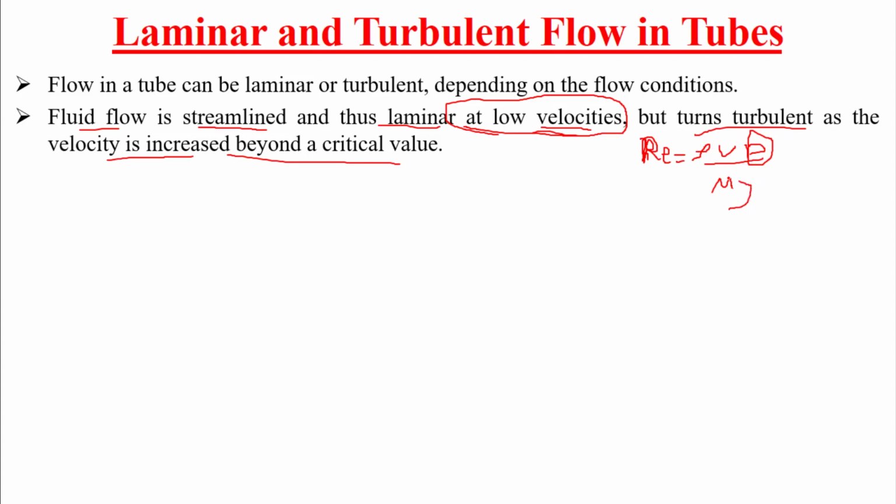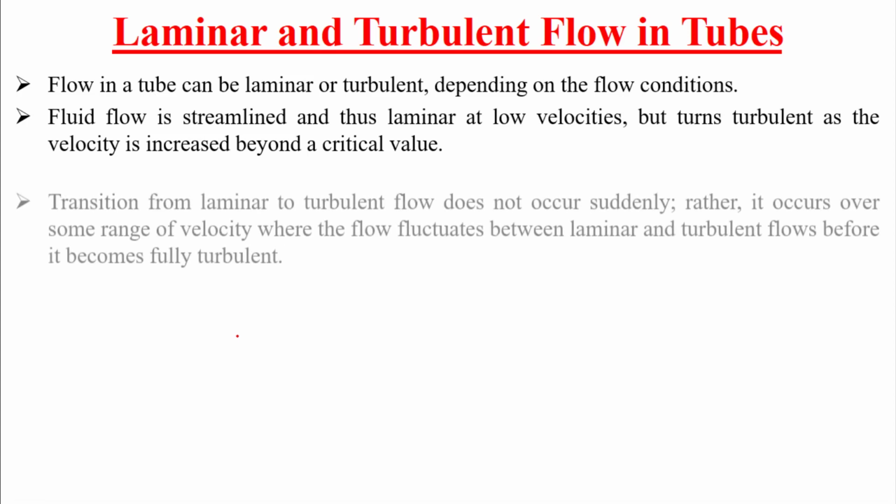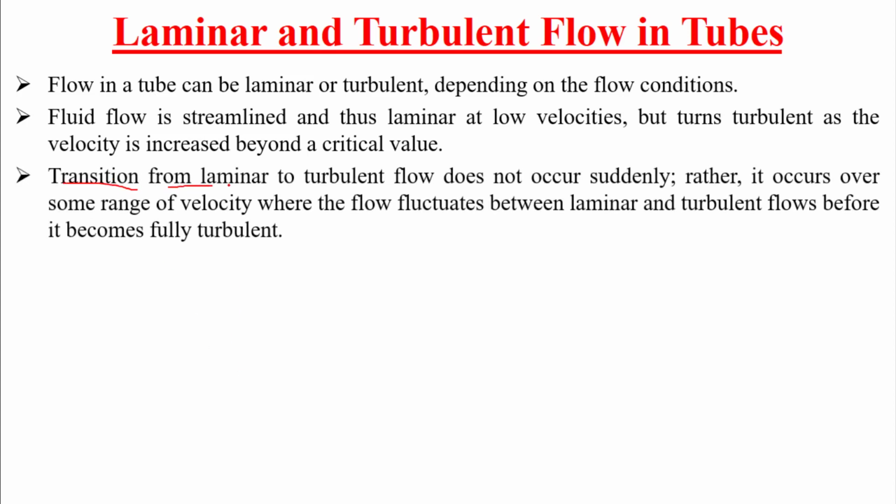If we are talking about incompressible, then these two values are constant, and we end up with this value. So this is the most important value that will affect the Reynolds number. Transition from laminar to turbulent flow does not occur suddenly.